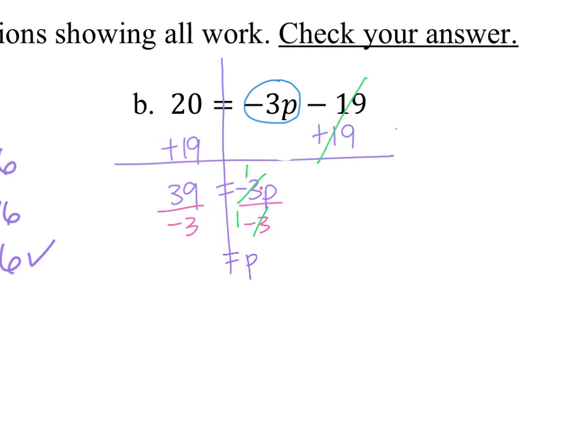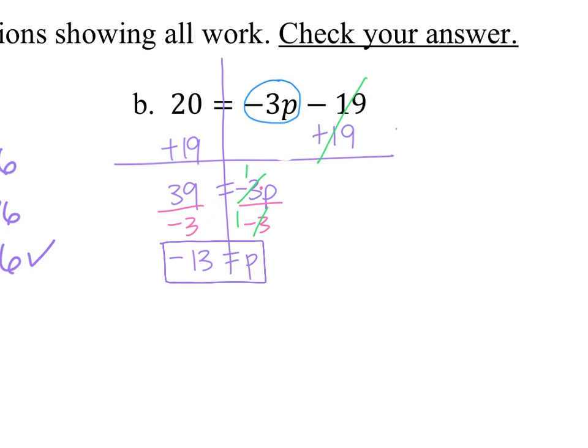And then again, use your calculator to make sure that you're doing this correctly. 39 divided by a -3 is going to end up as a negative. Okay, so it's a negative, and if you put it on your calculator, it is 13. So -13. Okay, so that's what p is equal to, -13.